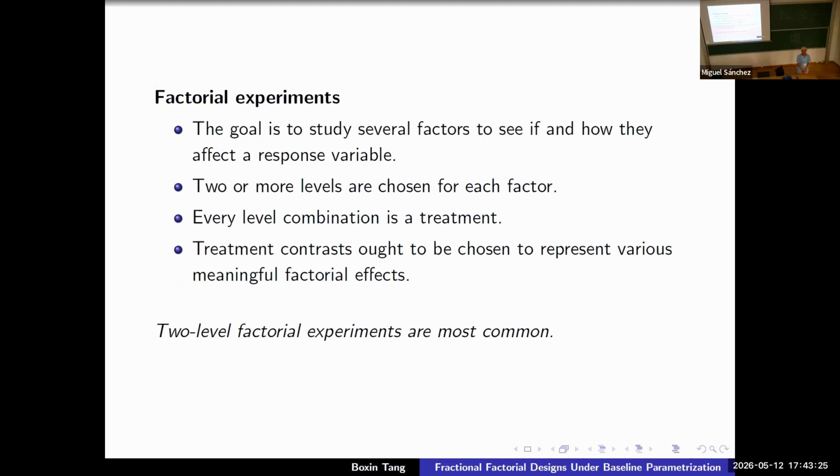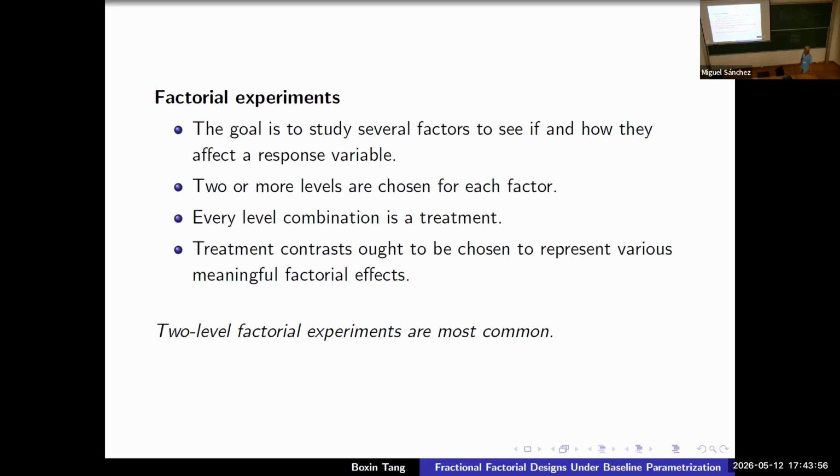Especially in inductive experiments, where a large number of factors are studied, the goal is to identify the active factors or important factors. In this case, two levels are generally taken. It's sufficient to identify important factors. Once the important factors are identified, if you want a detailed study, then you can choose more levels. Okay.